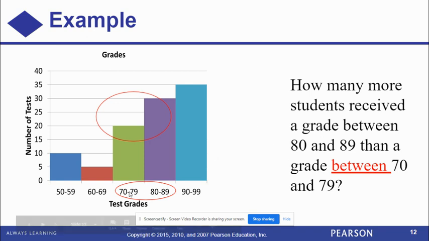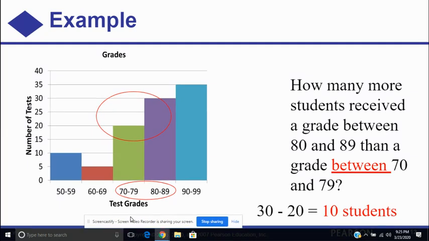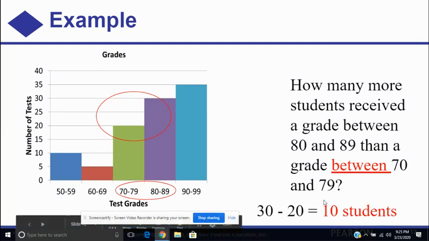When you look at the graph itself, it's kind of hard to determine the number, but if you take the difference between the number of students for 80 to 89 and 70 to 79, 30 minus 20, you see that only 10 more students got that result. So the answer is 10 students.